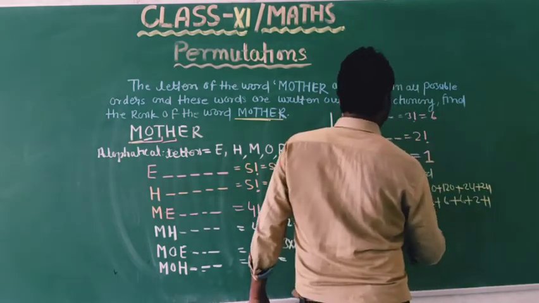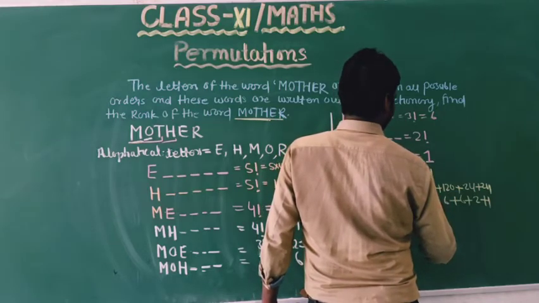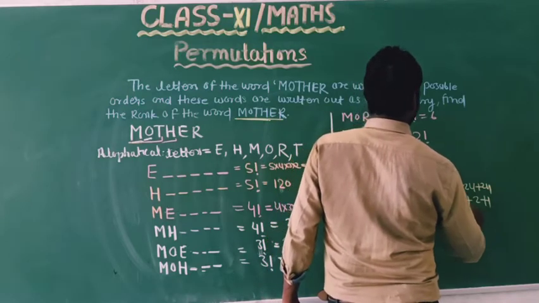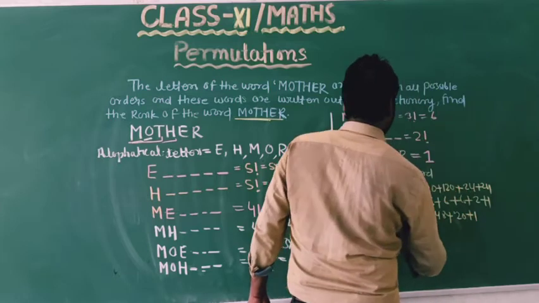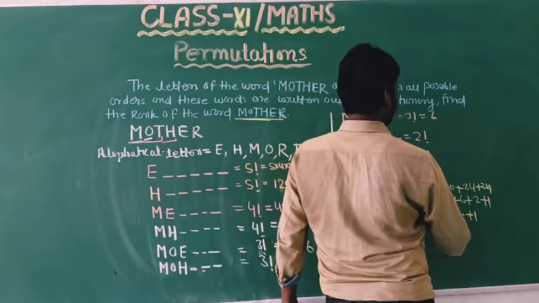So this is 120, 240 plus 48 plus 12, 18 plus 20 plus 1, which is equal to 309.